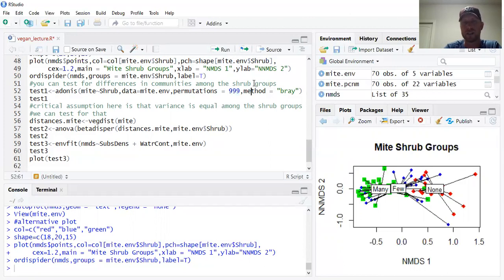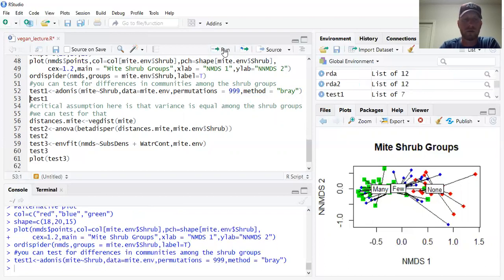If it's computationally intensive, you can do a smaller number of permutations, but the vegan package in general, and Adonis in particular, is very stable and tends to run very quickly. So we can do basically 1,000. And then the method here is just the method used to create distances. So Bray-Curtis distance is what we're using again.